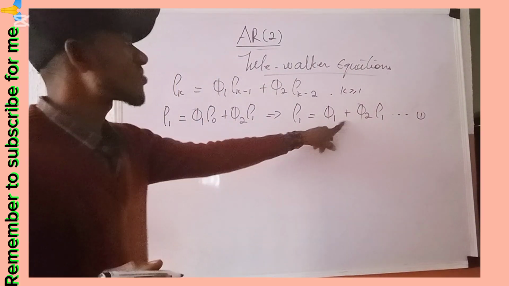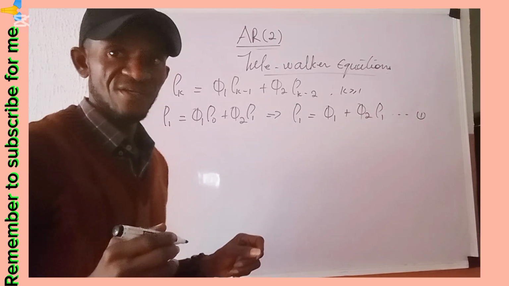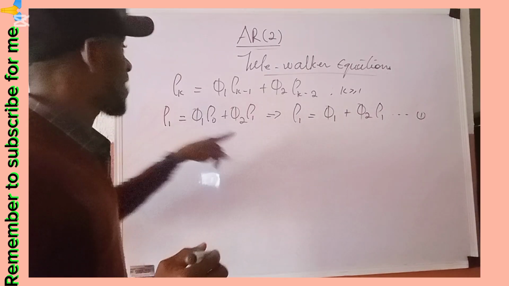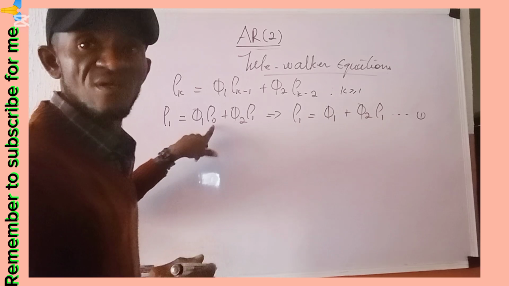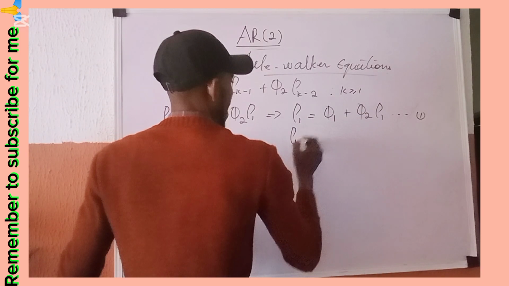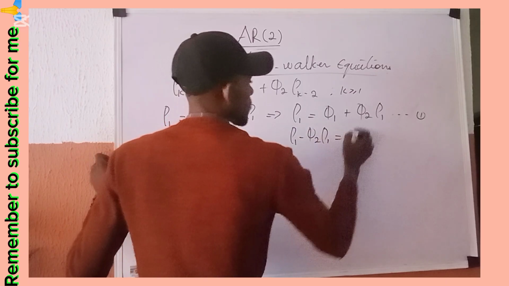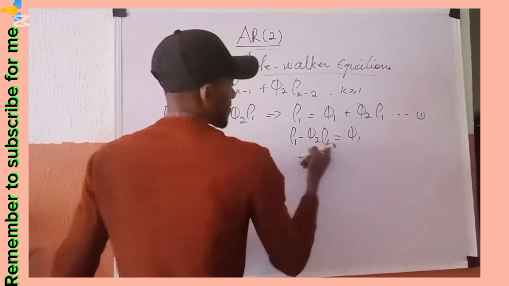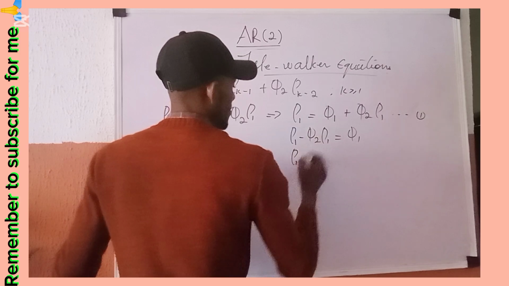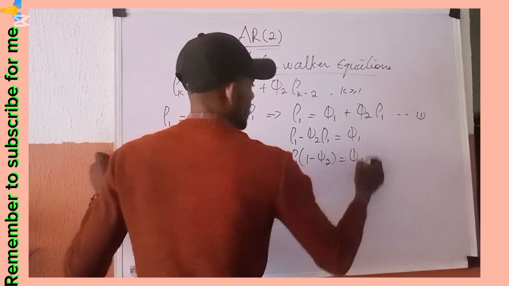From this equation 1, we can easily know what the value of rho 1 is going to be, having known that rho 0 is 1. Rho 1 minus phi 2 rho 1 equals phi 1. Then you factor out rho 1: rho 1 times 1 minus phi 2 equals phi 1.